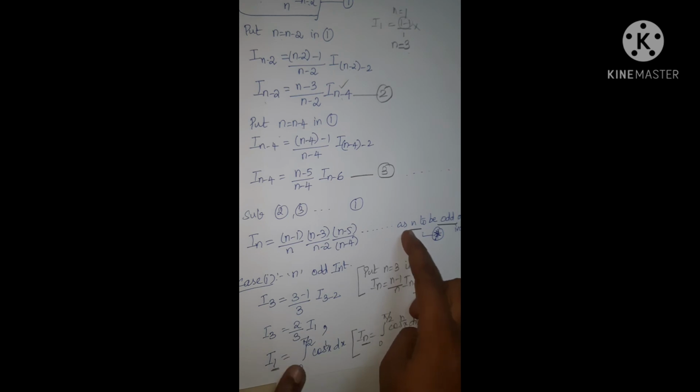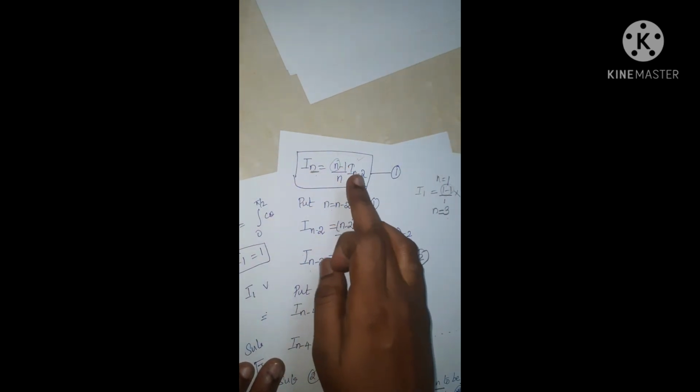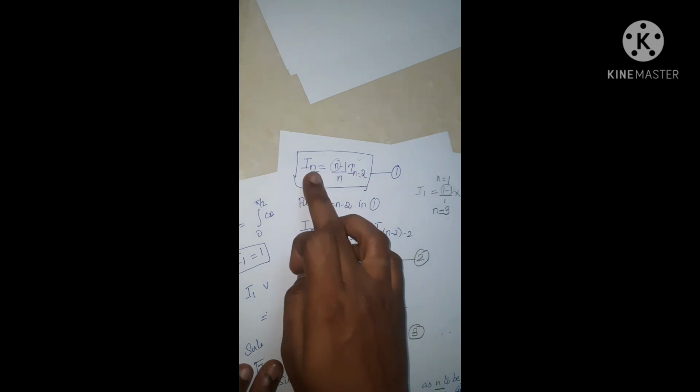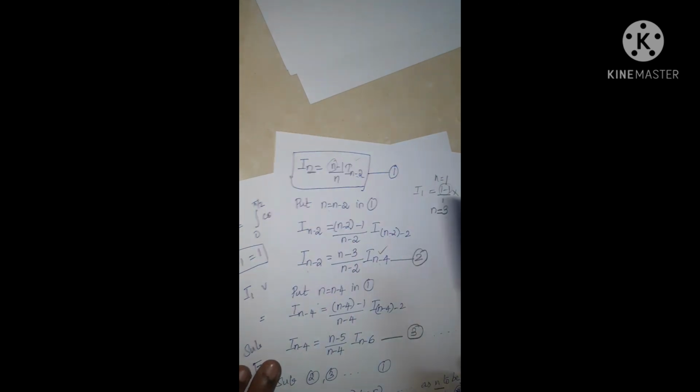So for that reason, again getting back to equation 1, where we have In is equal to (n minus 1)/n times I(n minus 2). Again here we have to see if n takes up the least even integer, what could be the corresponding expression. So n, the least even integer, can take the value 2.